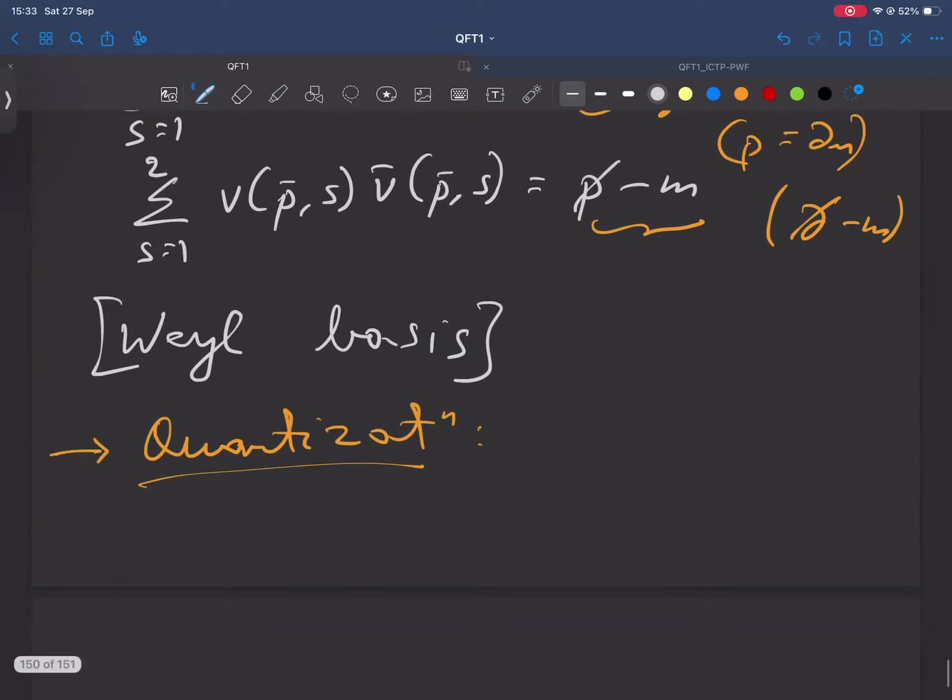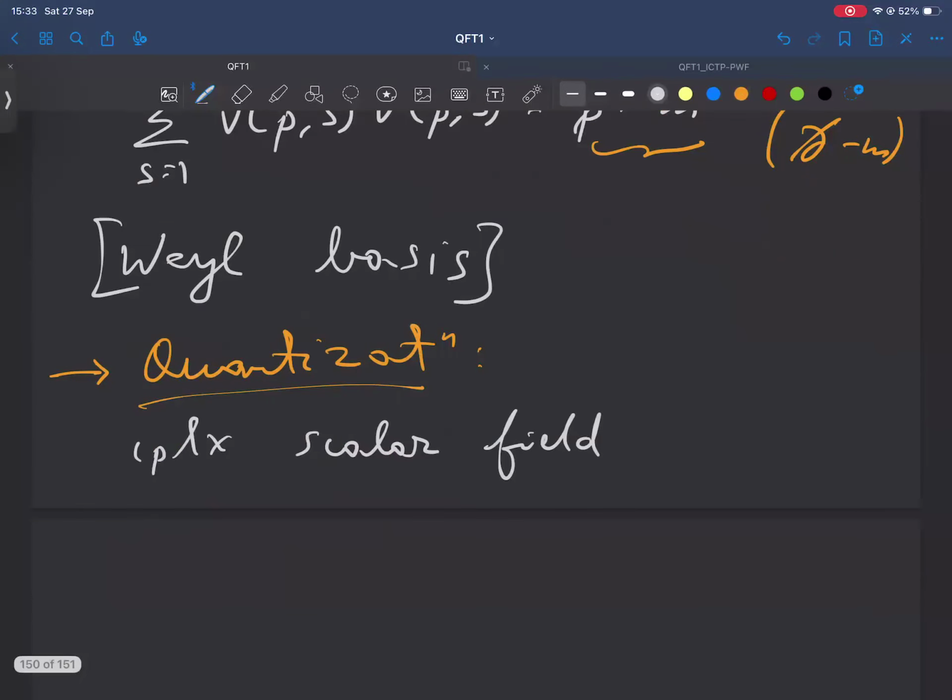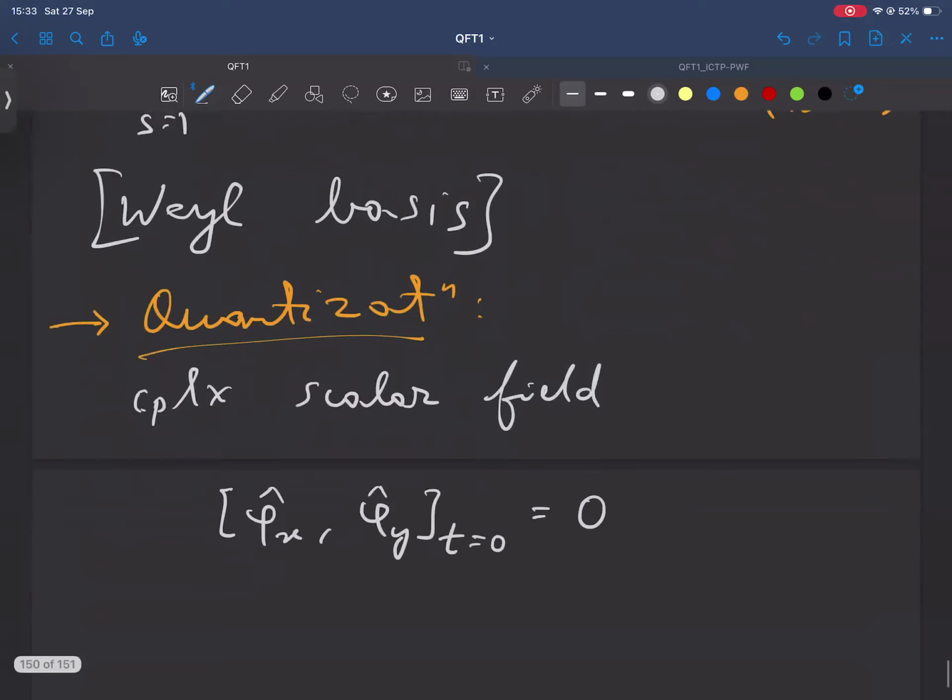So note that when we quantized the complex scalar field, we said that the quantization amounts to having relations like this: phi(x) and phi(y), now as operators at equal time, so let's say t equals 0, they commute.